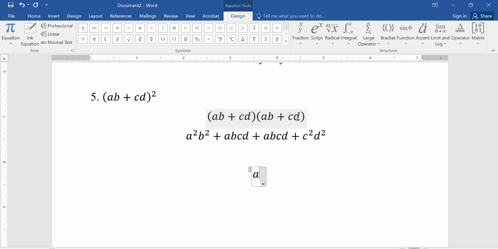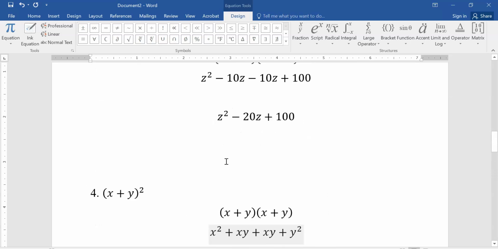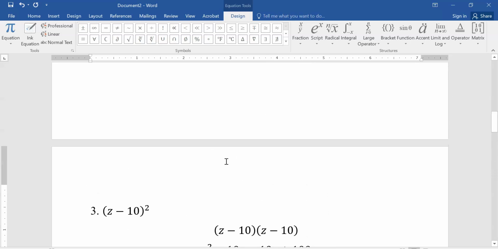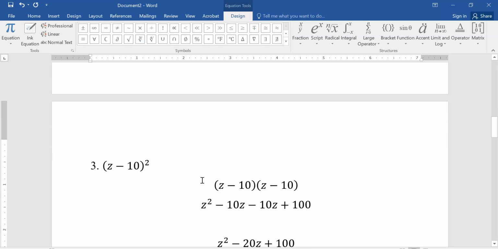That gives a final answer of A squared B squared plus 2ABCD plus C squared D squared. So that's the final answer. Now that's the issue the book focuses on because again, a very common mistake is that people forget to write these things out and they end up just squaring the term in here and squaring the term in here.